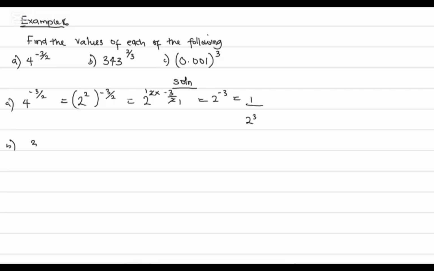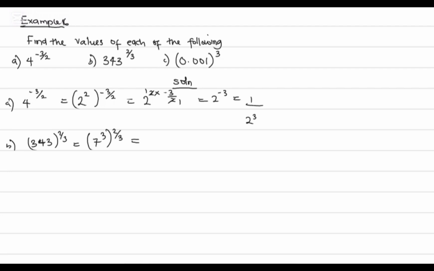Okay, look at the B now. The B is 343 raised to power 2 over 3. And this is quite an easy one. Everything looks easy for me, don't mind. But actually, it's quite an easy one. You see, this can be written as 7 raised to power 3, because 7 cubed is 343. Then times 2 over 3.